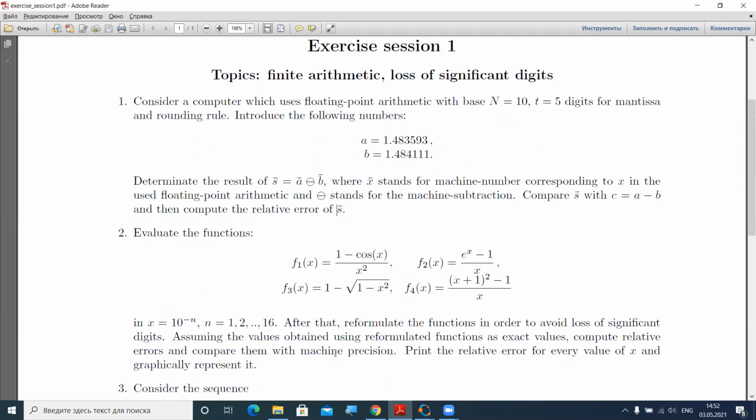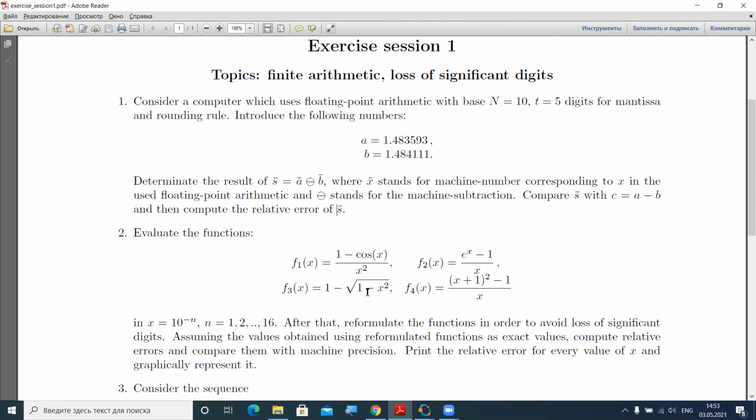Exercise number 2. We have the following four functions, f1, f2, and so on, and we need to define them here. x is given and n is also given. Now we need to reformulate our function. What does it mean to reformulate?